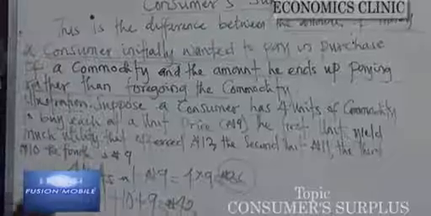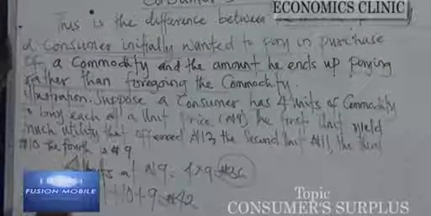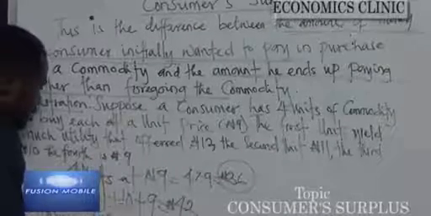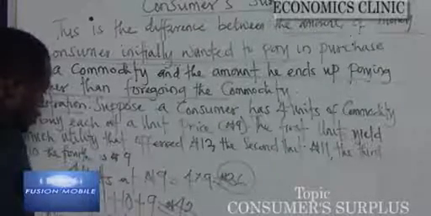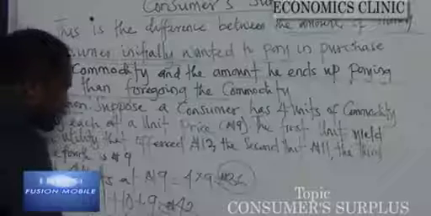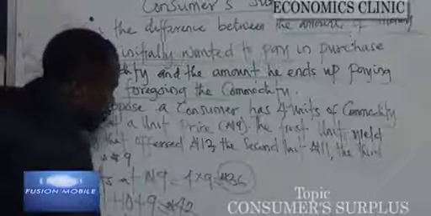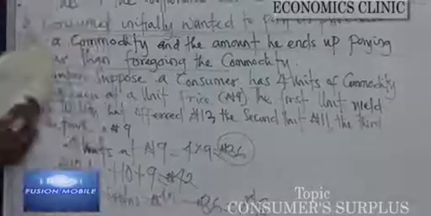So the consumer surplus will be equal to 42 naira, the amount he ends up paying, minus the amount he initially wanted to pay for the goods, and that will give us 6 naira. So the consumer surplus here is 6 naira.